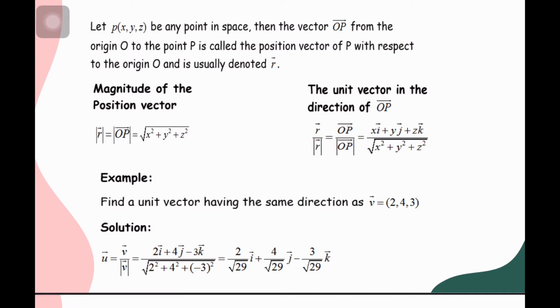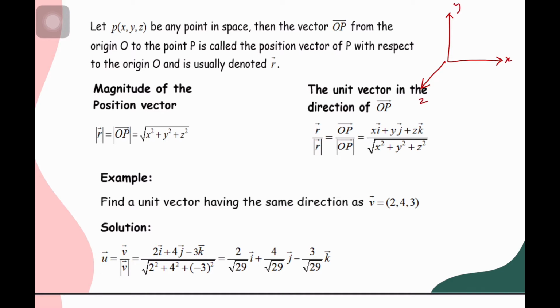Then the vector OP from the origin to the point P is called the position vector of P with respect to the origin O, and is usually denoted by R. Okay, this one is the same as the previous one. We have three axes here: axis x, y, and z.